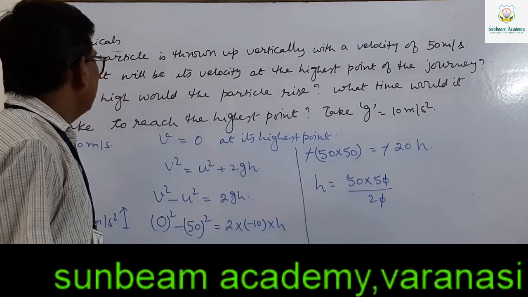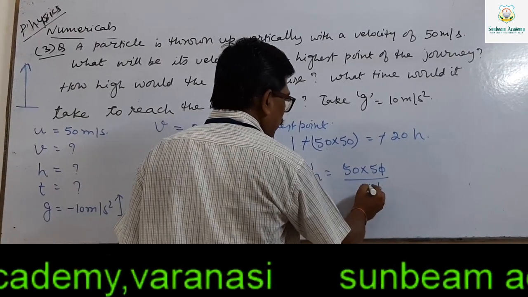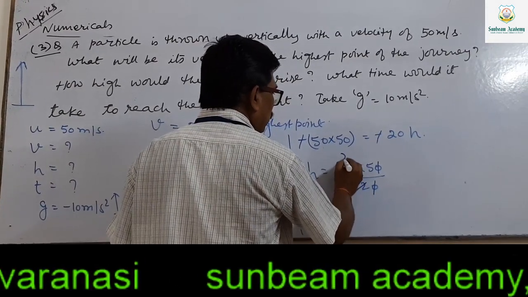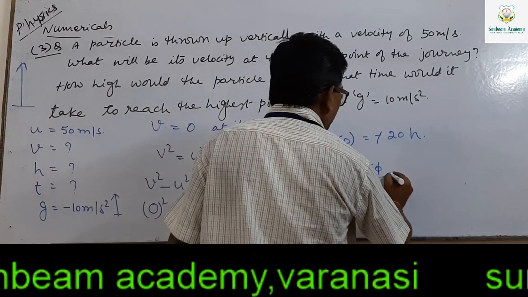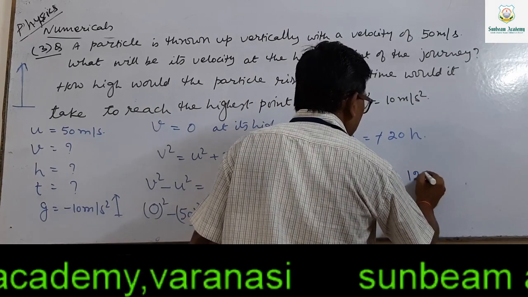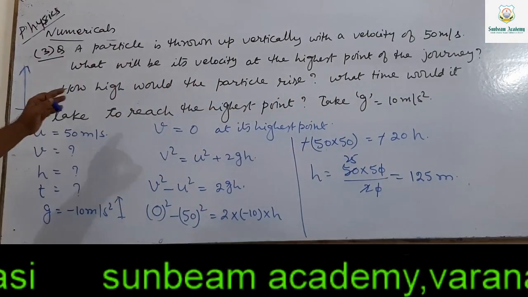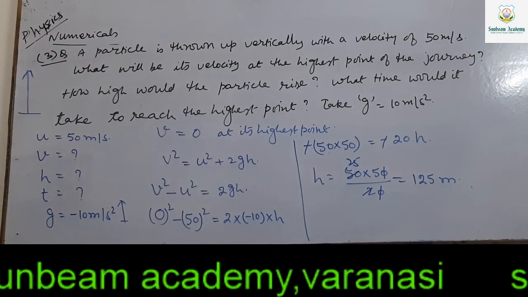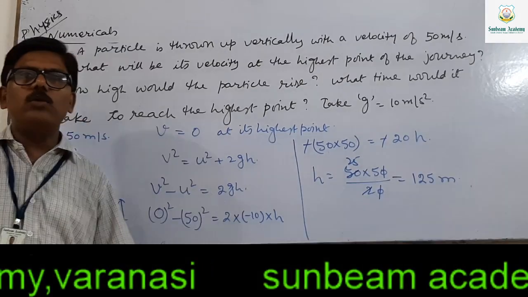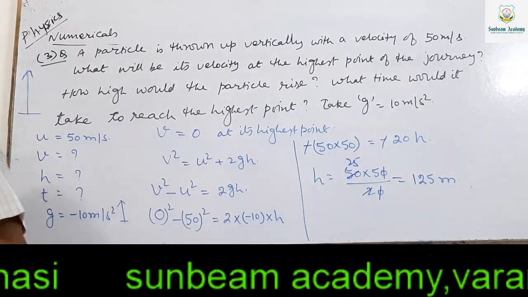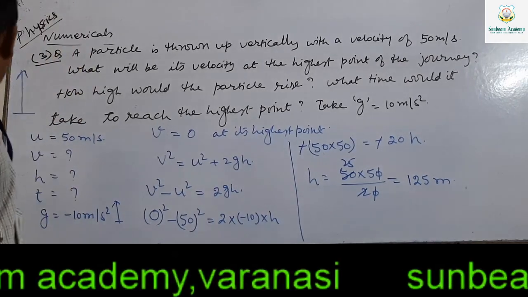Zero zero is cancelled. Cancel by two, 25, 25 into 5 is equal to how much? 125 meter. How high would the particle rise? The particle will rise to a height of 125 meter.